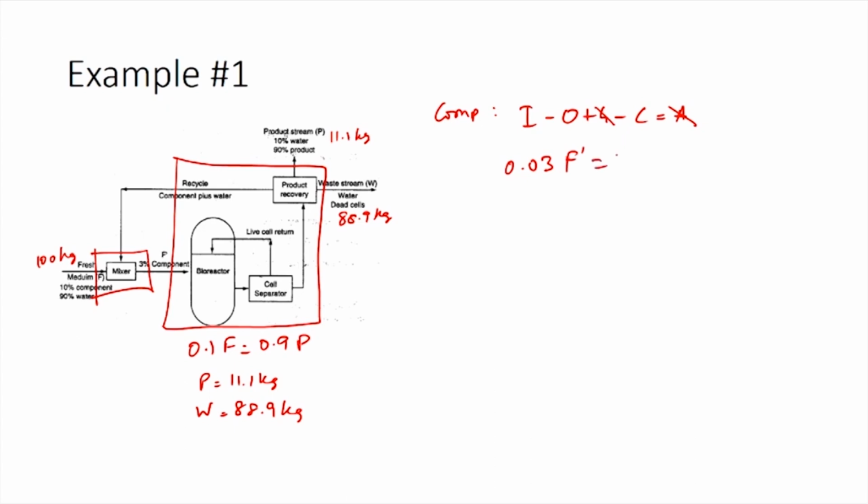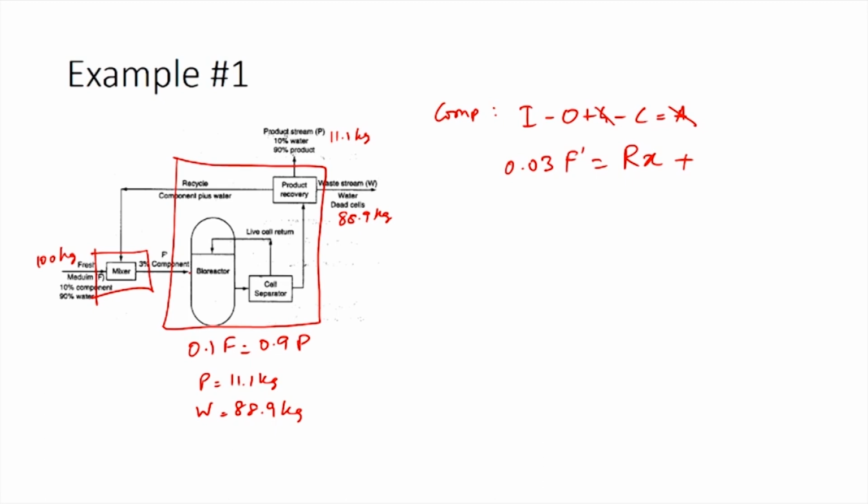This equals output, which would be the component present in the recycle stream. Let us call that R times X, where R is the mass of the recycle stream and X is the mass fraction of component in the recycle stream, plus consumption, which can be calculated using the single pass conversion given to us.